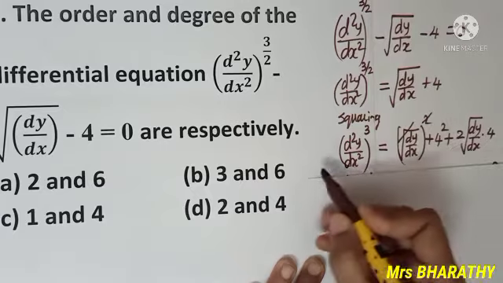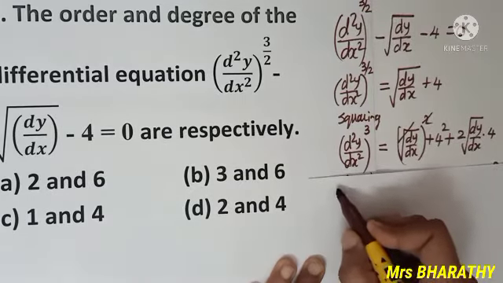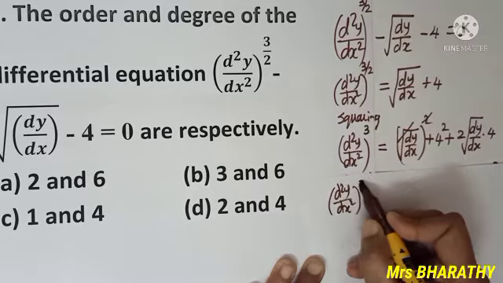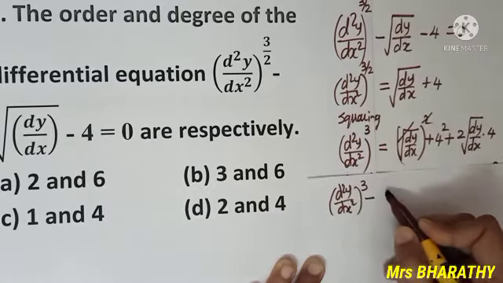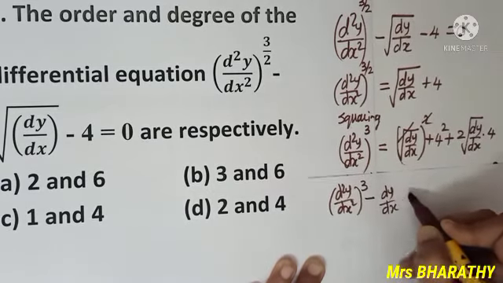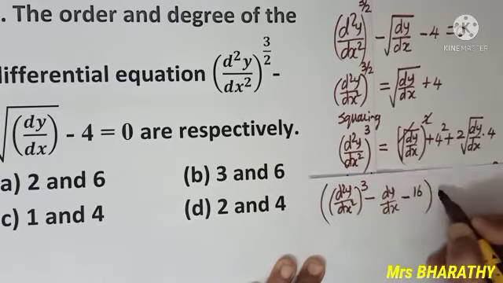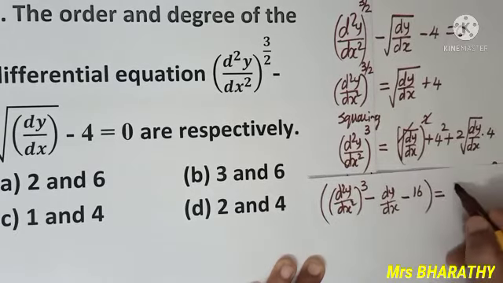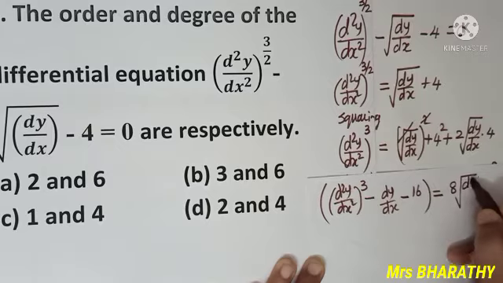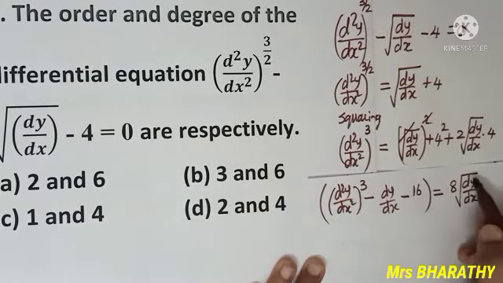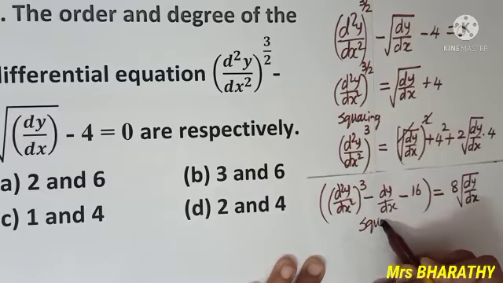Bring the remaining to the LHS. So, we have d square y by dx square the whole cube minus dy by dx minus 4 square is 16. In the RHS, I have 8 root of dy by dx. To avoid the square root, let us square again.